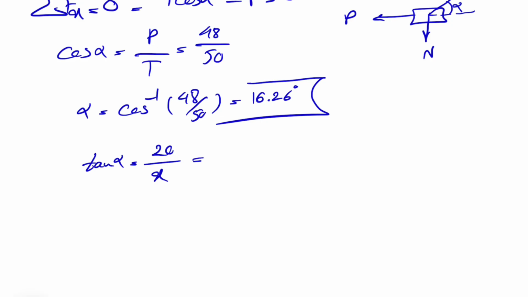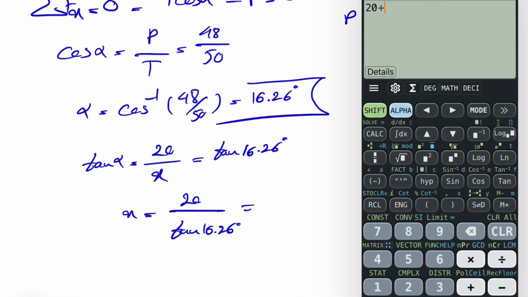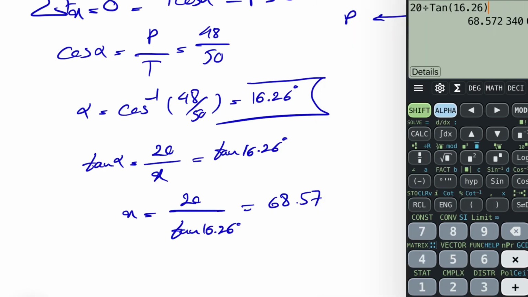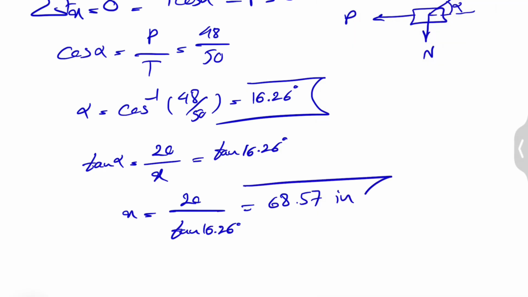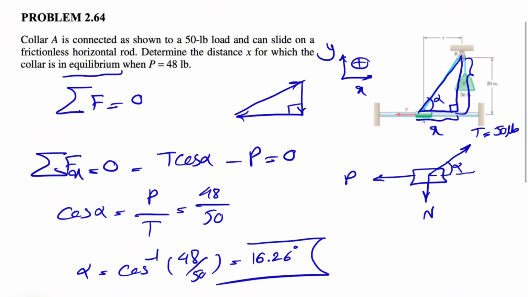So tangent of 16.26 degrees equals 20 over x, or x is 20 over tangent of 16.26 degrees. So 20 divided by tangent of 16.26 is going to give us 68.57 inches. That's the x that the question is asking. That's one way to solve it.